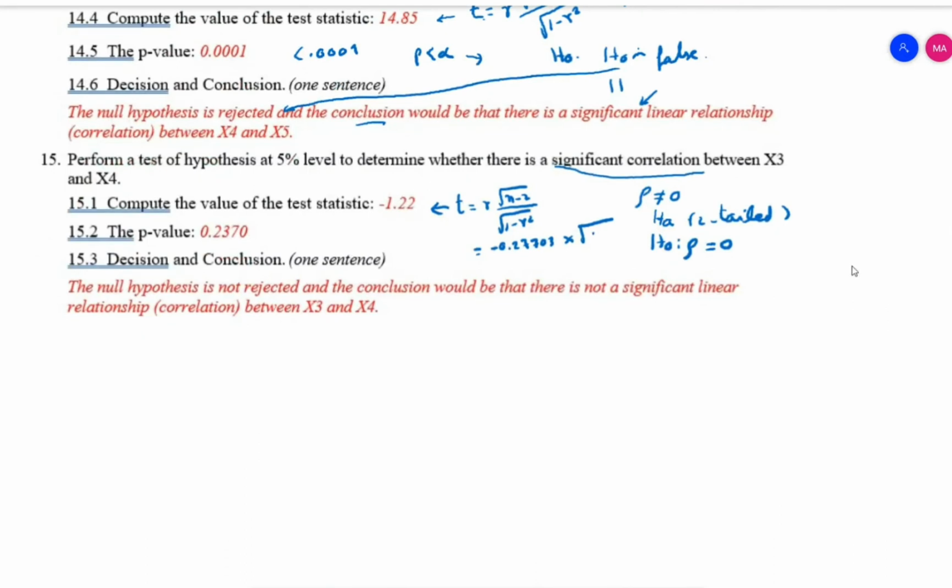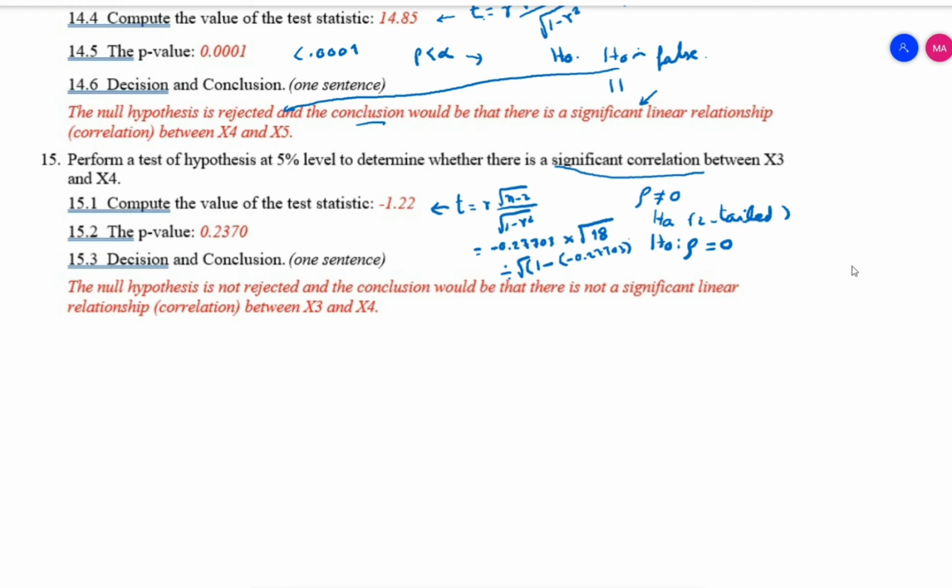You write 18 in the calculator, and divide by square root of bracket 1 minus r squared. You put negative or positive, the same, because if you take the square, both are positive.